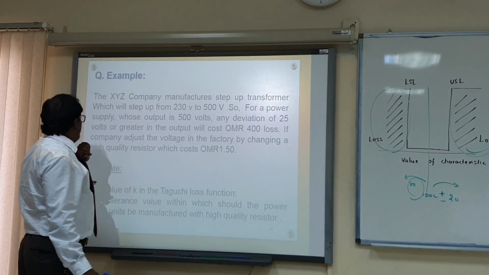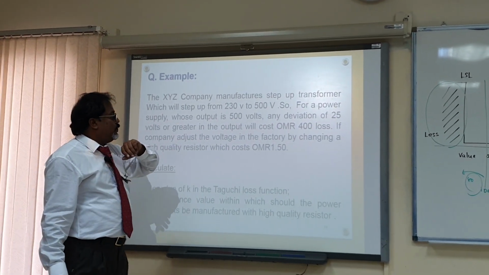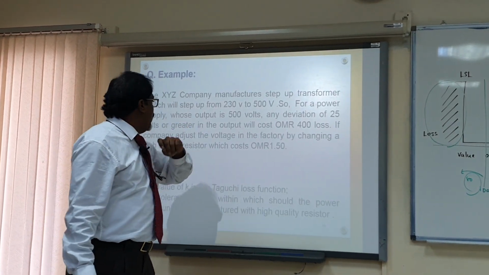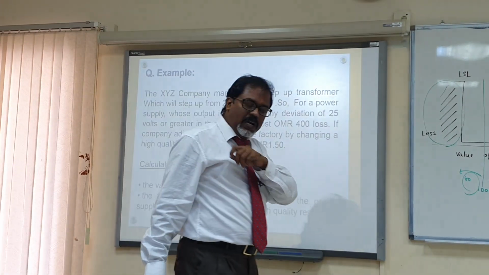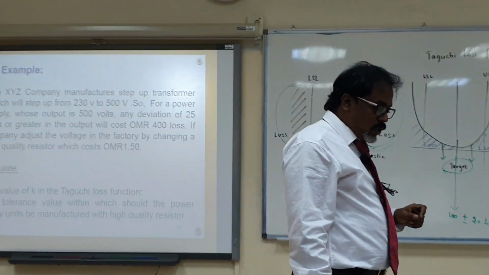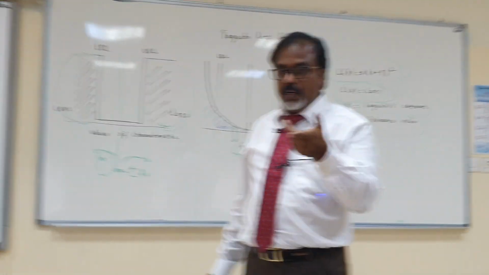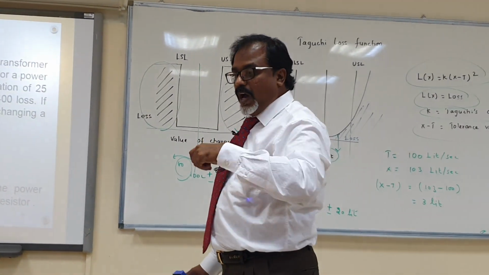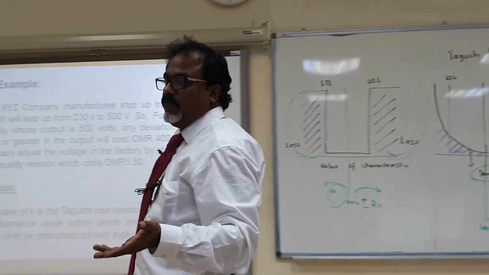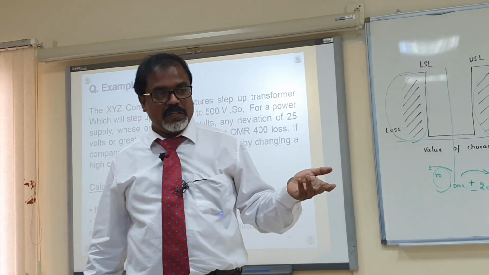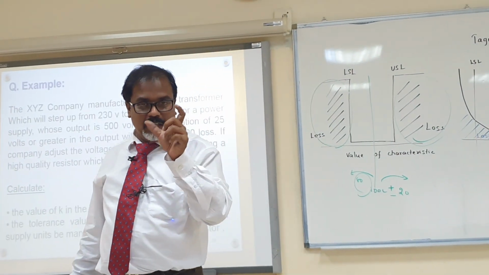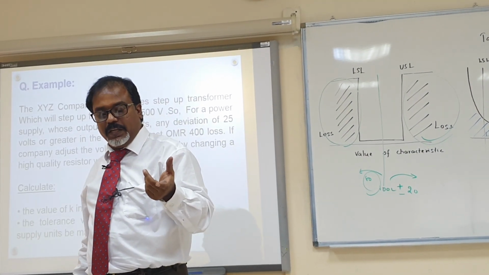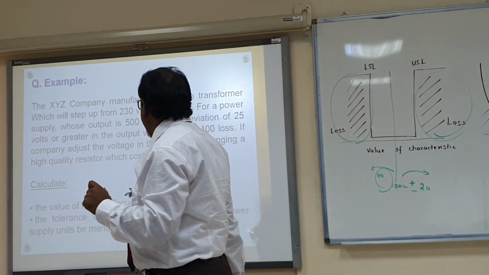Okay. The company can adjust the voltage in the factory by changing a high quality resistor which costs just 1.50. So you include one resistor inside, and there will be a chance of averting this huge loss. That high quality resistor costs only 1.5 OMR.